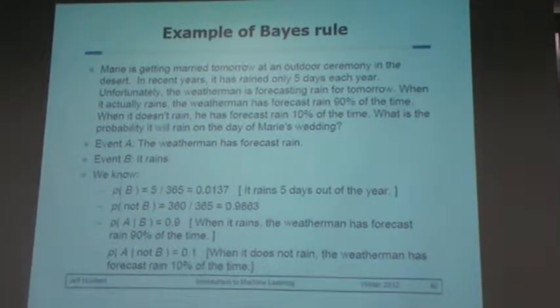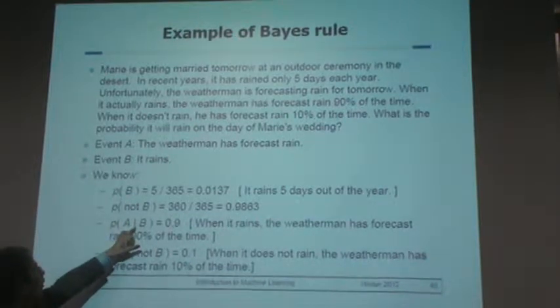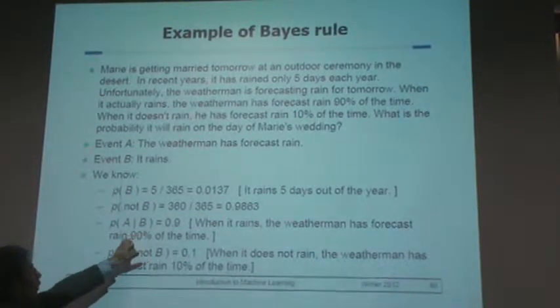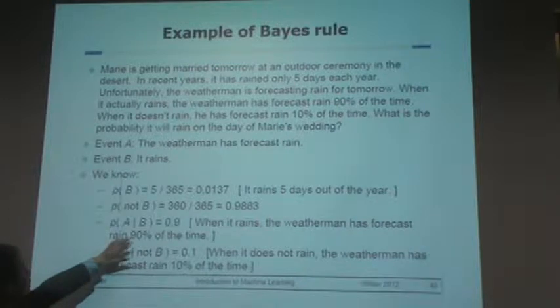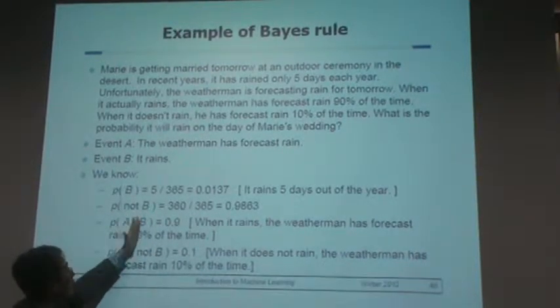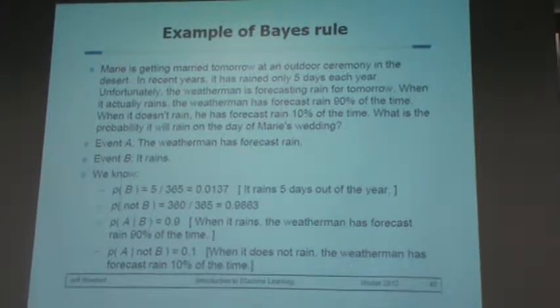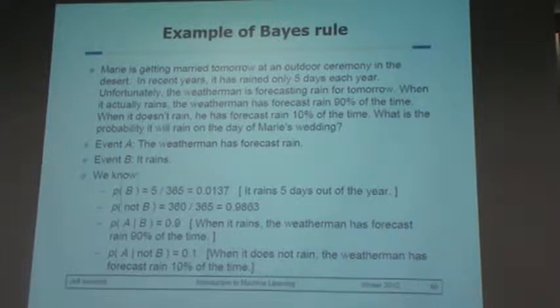When it actually rains, the weatherman has forecast rain 90% of the time. So it's A over B. In case of rain, the forecast chance is 0.9, 90% of the time. Does it make sense?